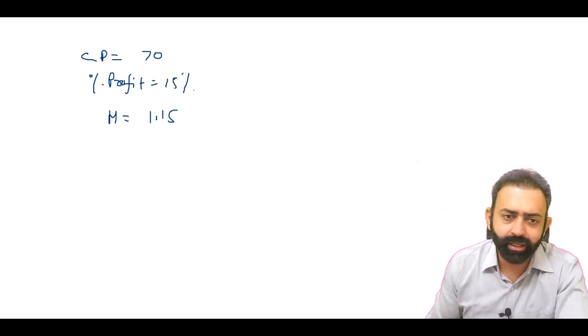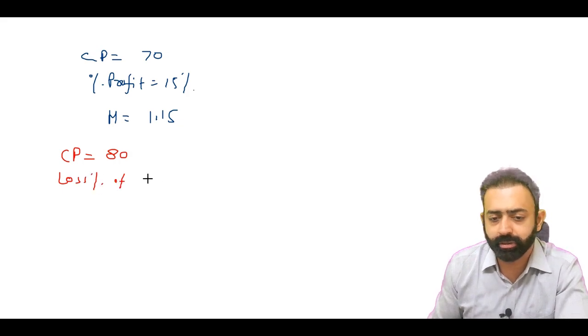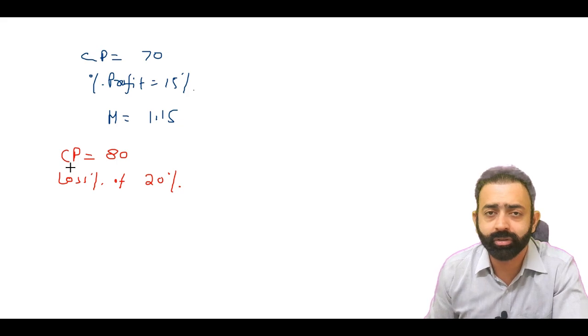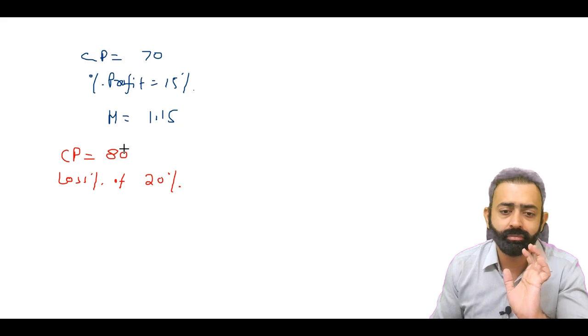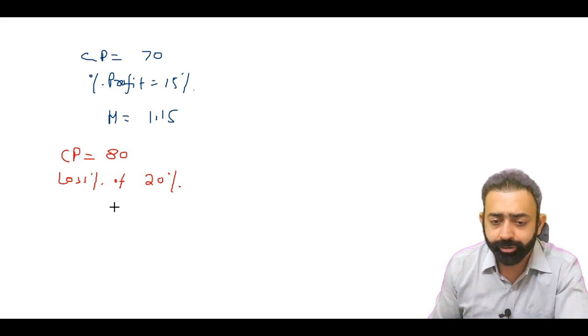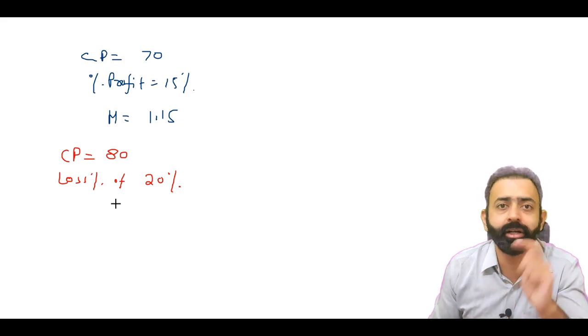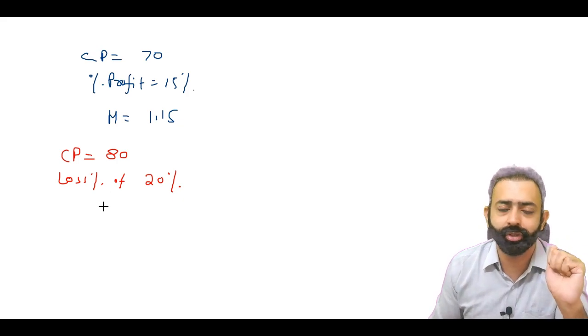Now what is the case if we make a loss? Let us say the cost price is 80 and you have made a loss of, again, 20%. Since we are making a loss, the final value will be the decreased value of the initial value. We again find 20% of 80, but that will be subtracted from 80 rather than added.